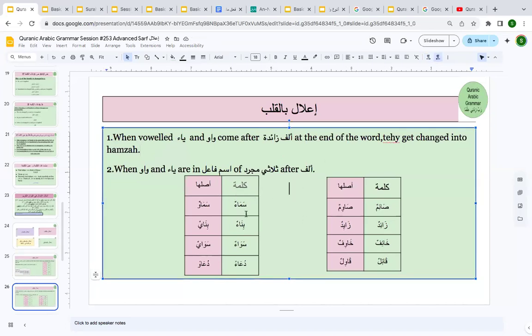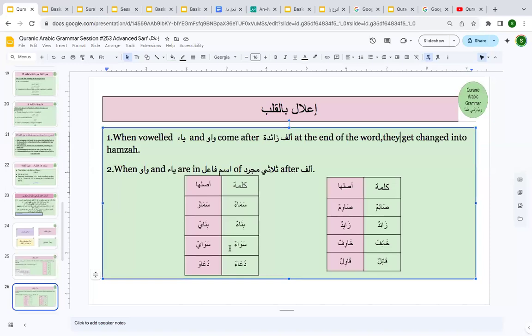For example, why is it sama'un and not samawun? In this case, you notice how your waw was present after alif zaida and is present at the end of the word. They are present at the end of the word, so they got changed into hamza. So bina'un originally was binayun. It got changed into hamza. Sawa'un originally was sawayun.